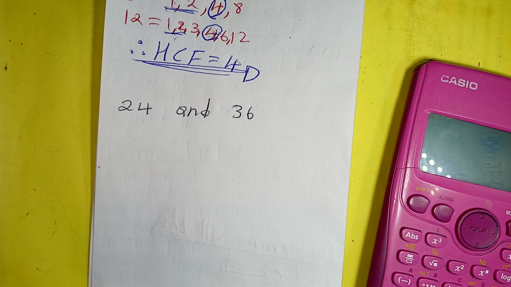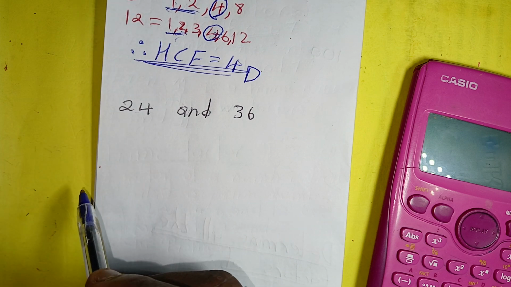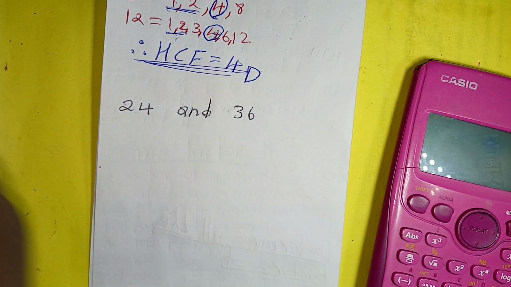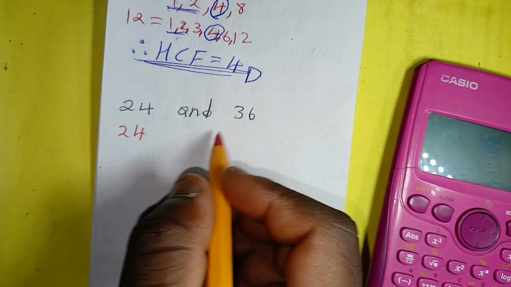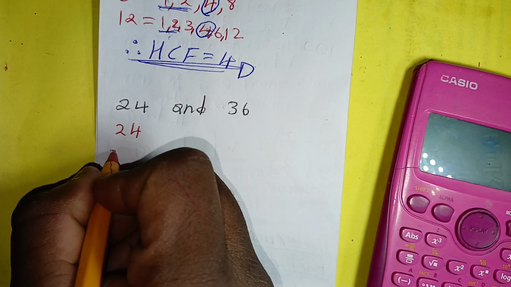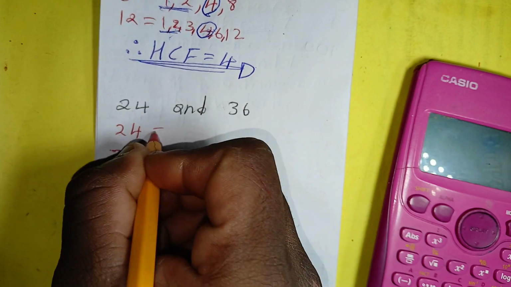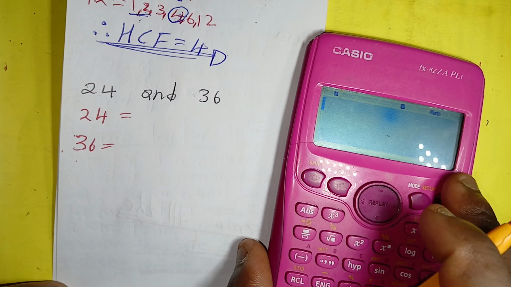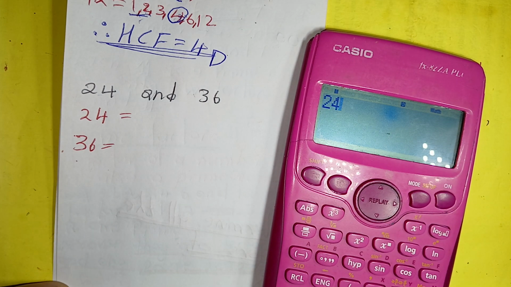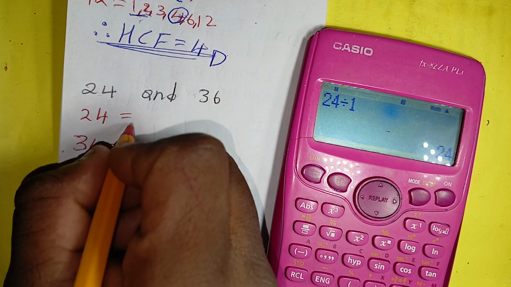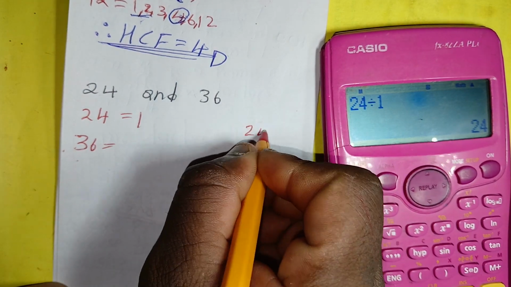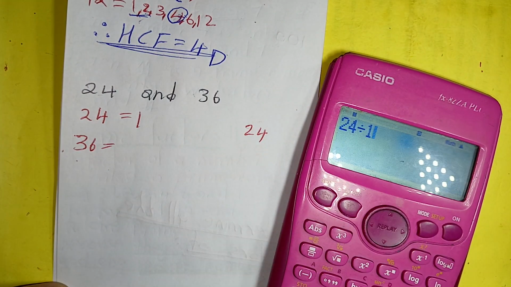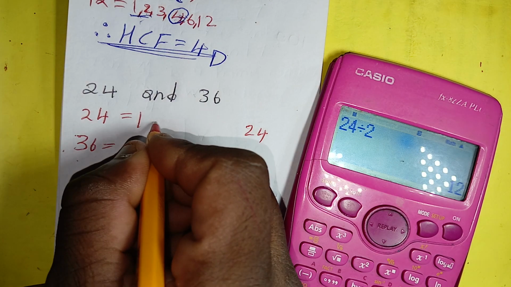So let's check something now. Let's get the factors of 24 and also the factors of 36. Here we'll have many factors. 24 divided by 1, obviously 1 and 24, and 2, obviously it will be 12.